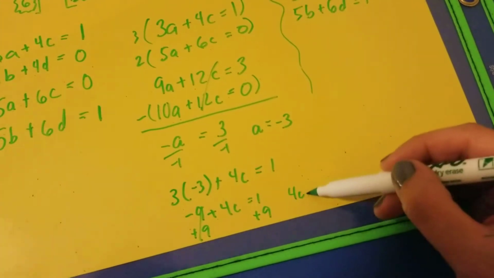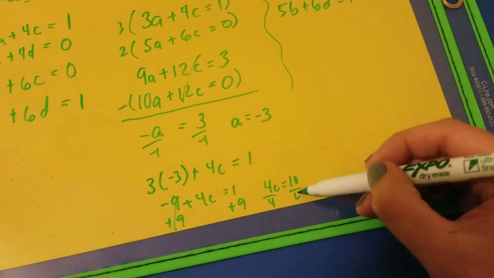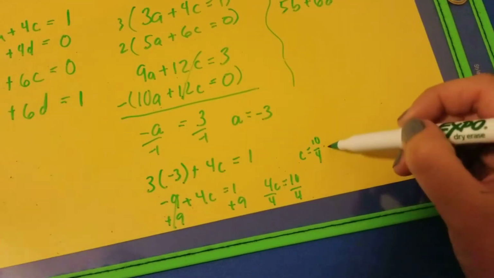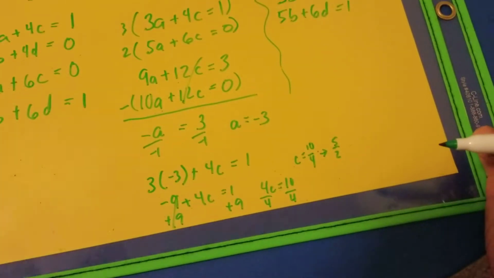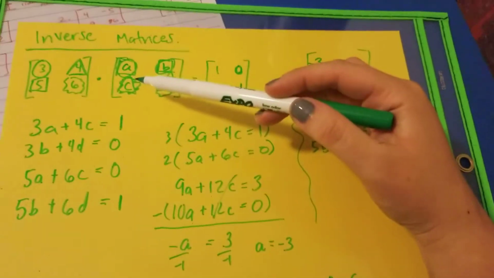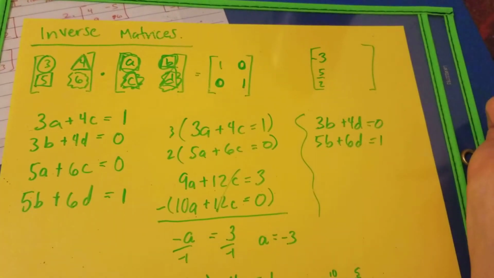So I have 4c equals 10. I divide by 4 because I'm multiplying. So c equals 10 over 4, which can be simplified to 5 over 2. And that, again, that's c, so that's going to be this one, which will go right underneath the negative 3.